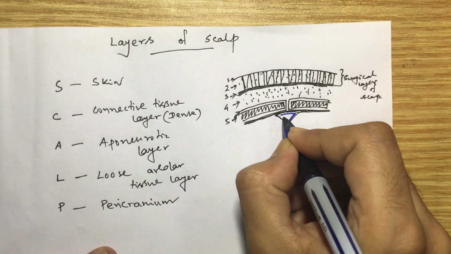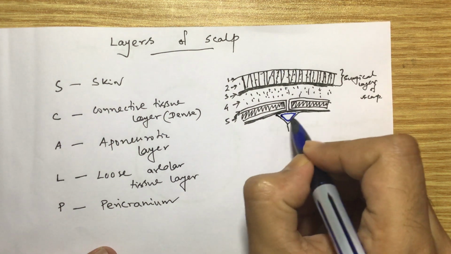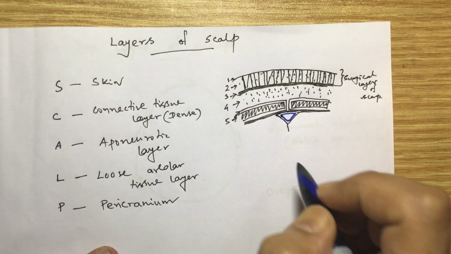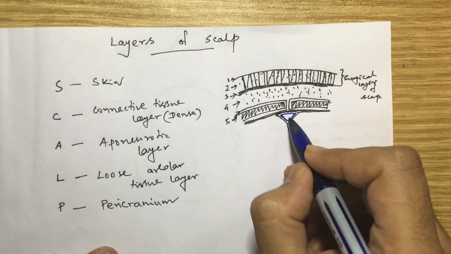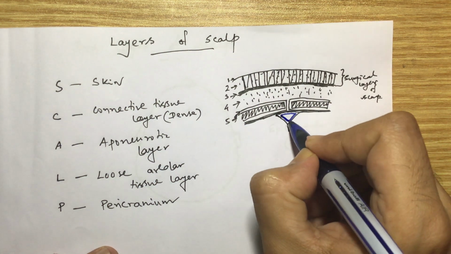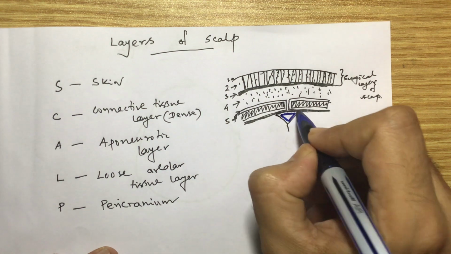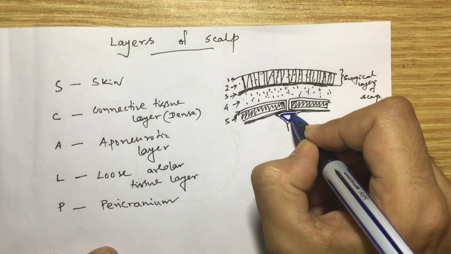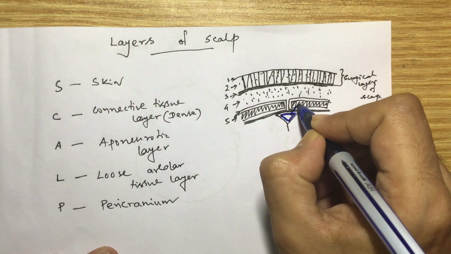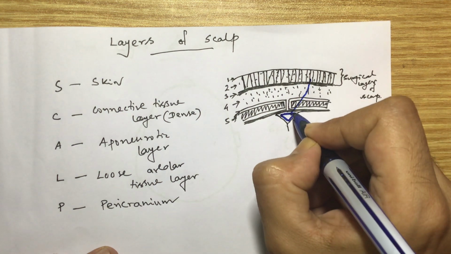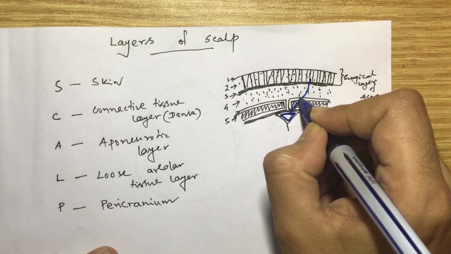Say this is one venous sinus. If it is at the sagittal suture, then this one is the superior sagittal venous sinus, and from that venous sinus small veins extend above.